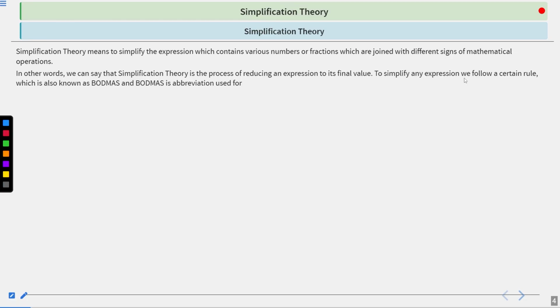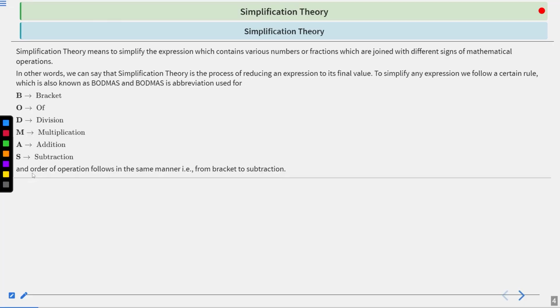To simplify any expression, we follow a certain rule known as BODMAS, an abbreviation where B is for bracket, O for of, D for division, M for multiplication, A for addition, and S for subtraction. Other operations follow the same order, from bracket to subtraction.